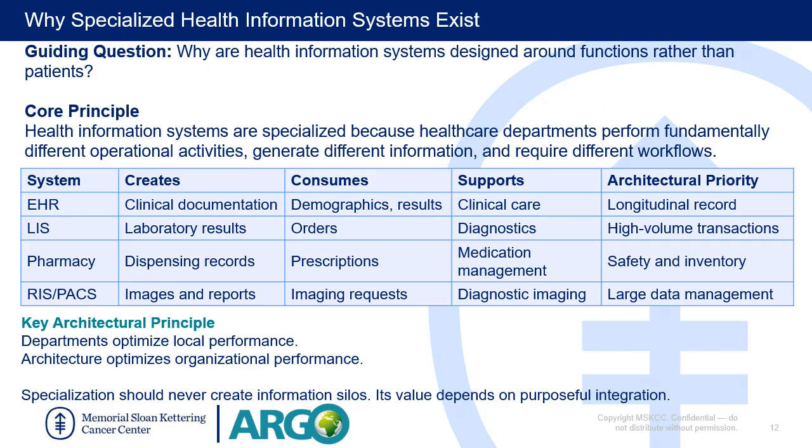But specialization also introduces a risk. It can lead to isolation of information. And again, I can't say this enough: our role as informaticists architecting this system is to make sure that each system contributes its own unique information to this shared ecosystem so that there will be coordinated care and organizational learning. That's what we mean by health systems architecting.